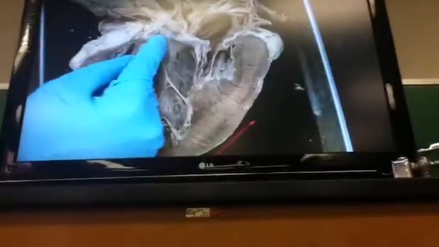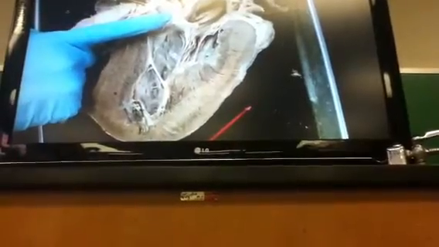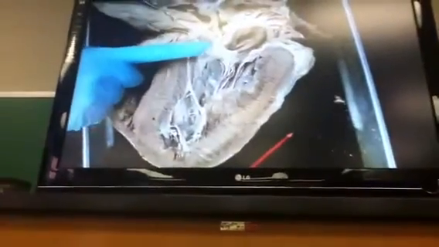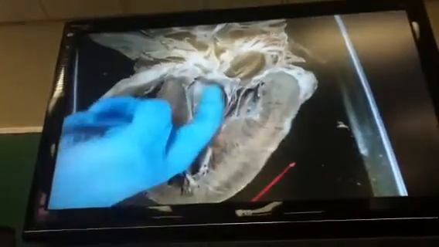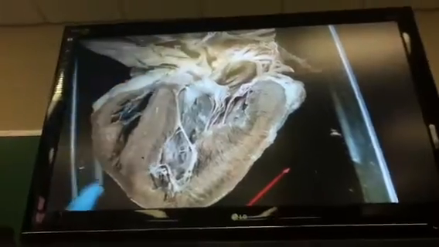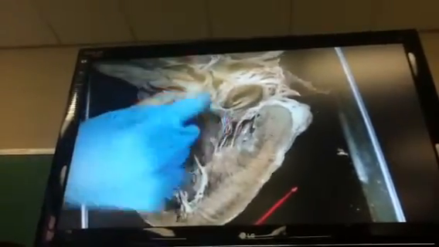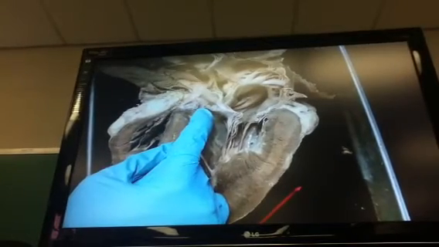Bicuspid or mitral. Mr. Gilmore, there's a valve right here. When I'm leaving the left ventricle and trying to get out to the body, I'm going through this valve. What is this valve called? Aortic valve. This is my aortic valve because I'm leaving the left ventricle and trying to get out to the rest of the body through the aorta. Does that make sense? So this valve, if y'all can see that, is the aortic valve. Does that make sense?